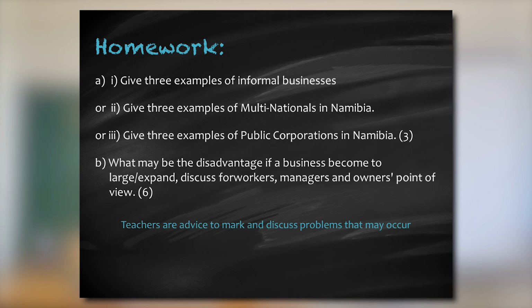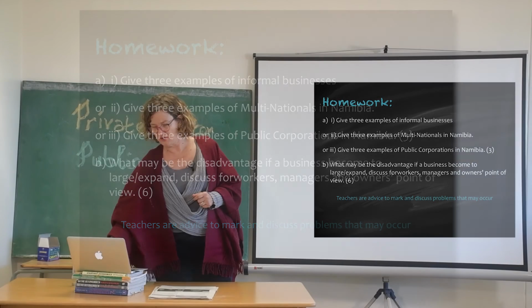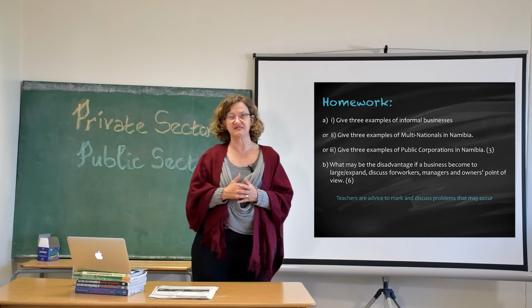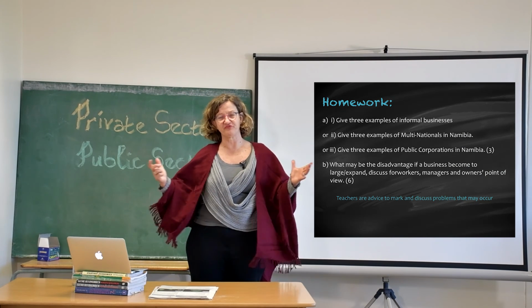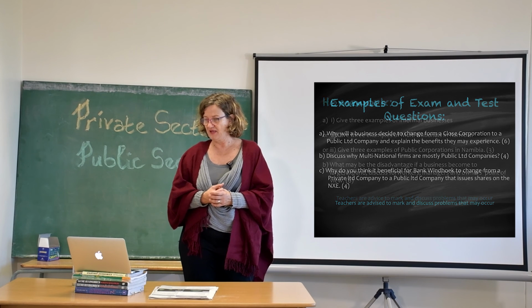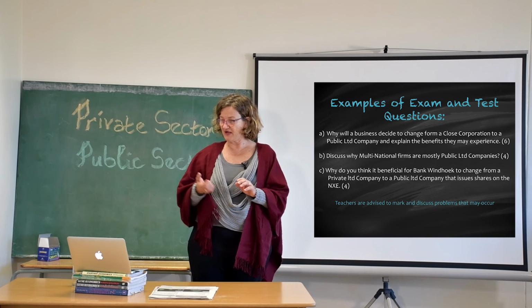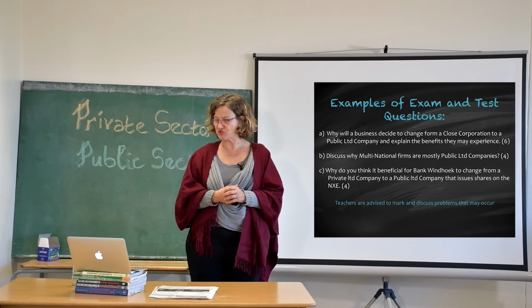For each of them, you can ask 3 points, and then look at the disadvantages if a firm becomes so big that they actually lose control. And look at whether you can come up with answers of why it is a disadvantage if a firm becomes too big.